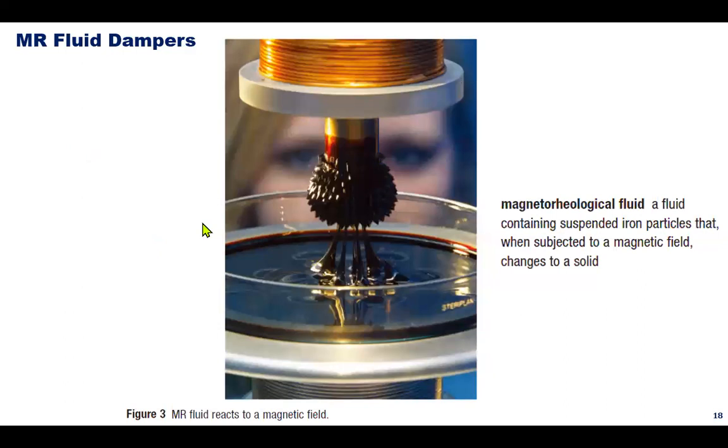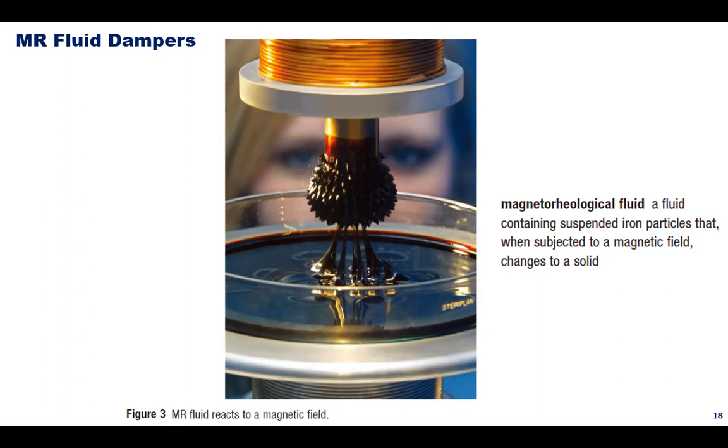Okay, next application is the MR fluid dampers. Can you imagine constructing a building with a material that changes from a solid to a liquid and back to solid again?